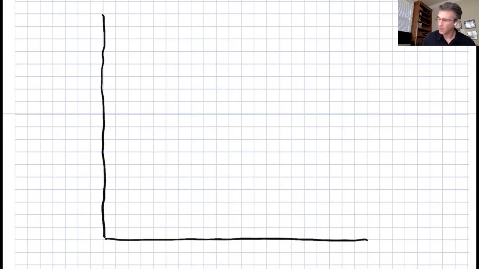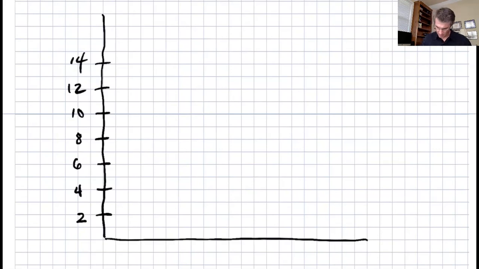So we're going to go from 2, 4, 6, 8, 10, 12, 14, and from 0.5 to 1, where on this axis, we're going to think about the pH.